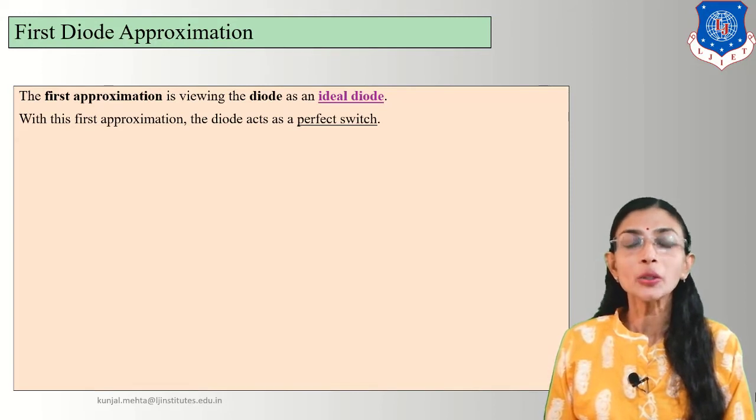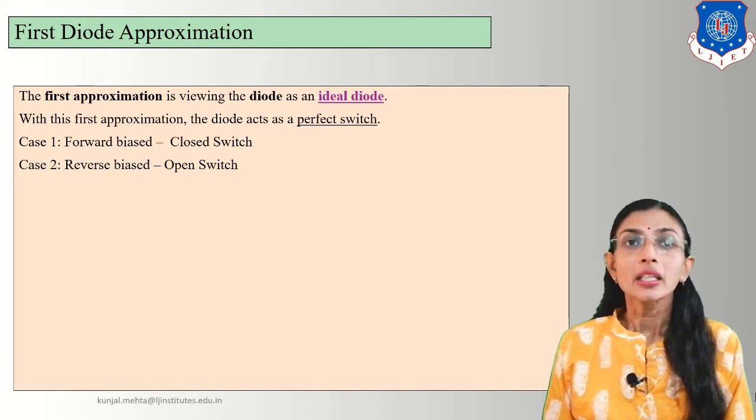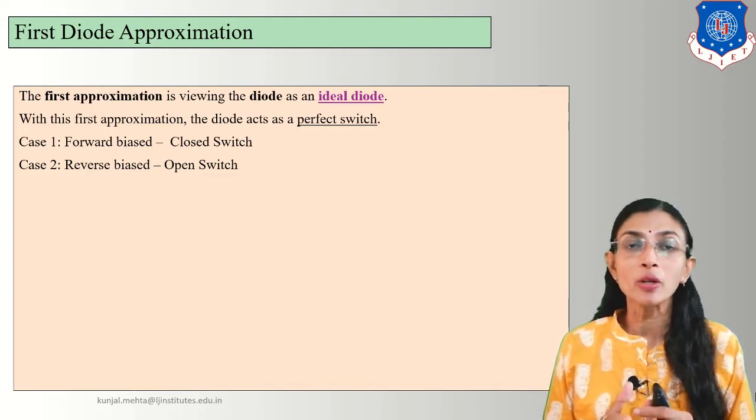We will consider two cases in each and every diode approximation. Which are the two cases? Case 1, forward biased, in which the diode acts as a closed switch, and in reverse bias, the diode acts as an open switch.